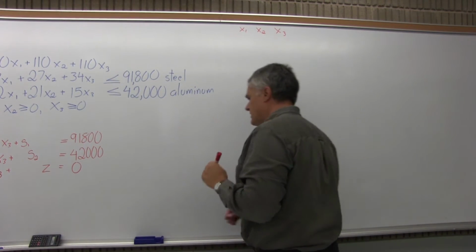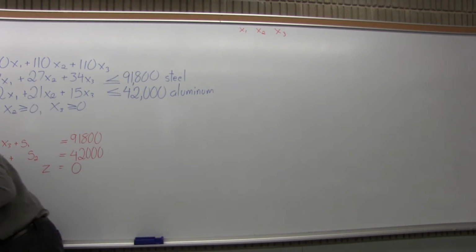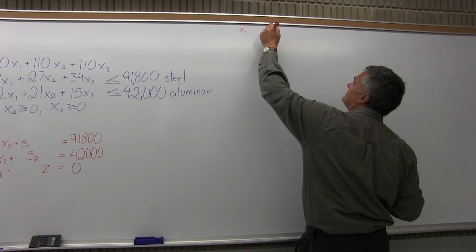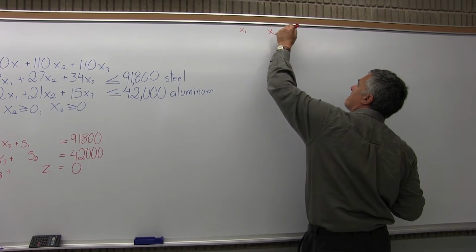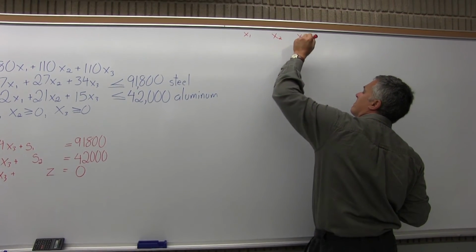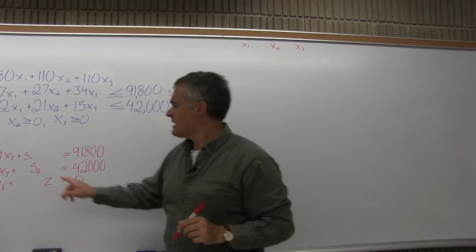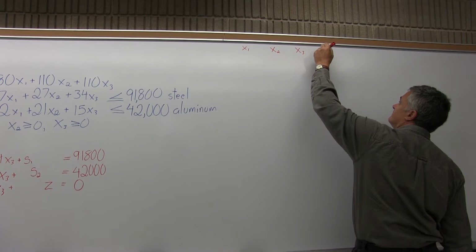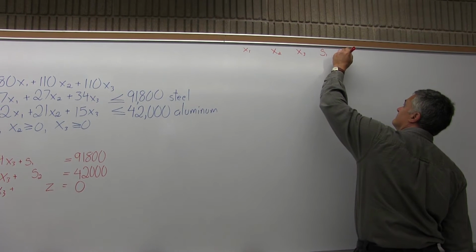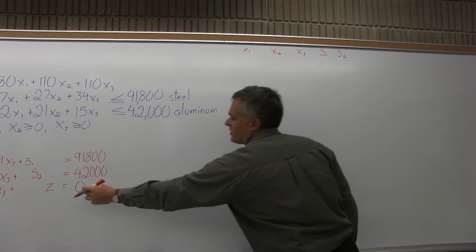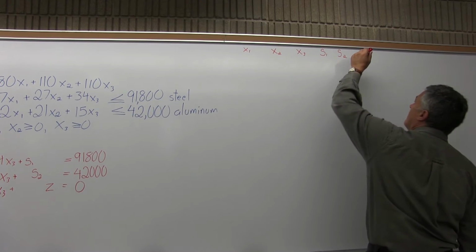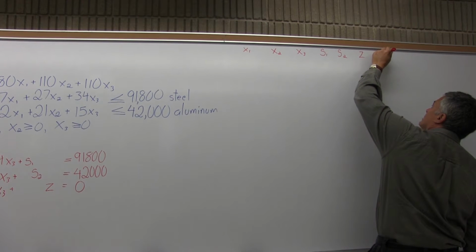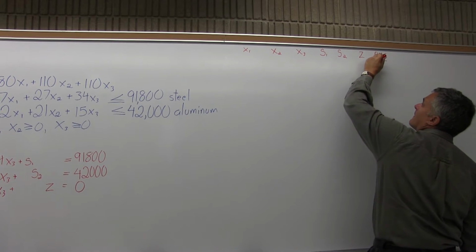Then in terms of my slack variables, I'll need an S1 and an S2. Then I'll need a column for Z. And the last column I will label RHS for right-hand side.